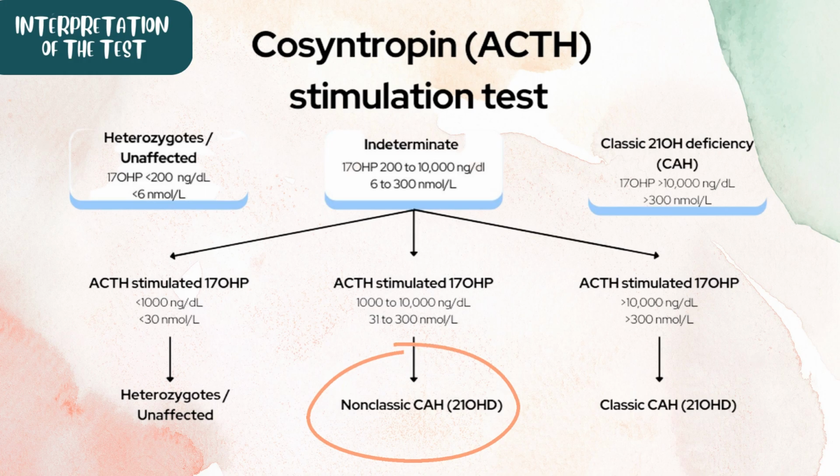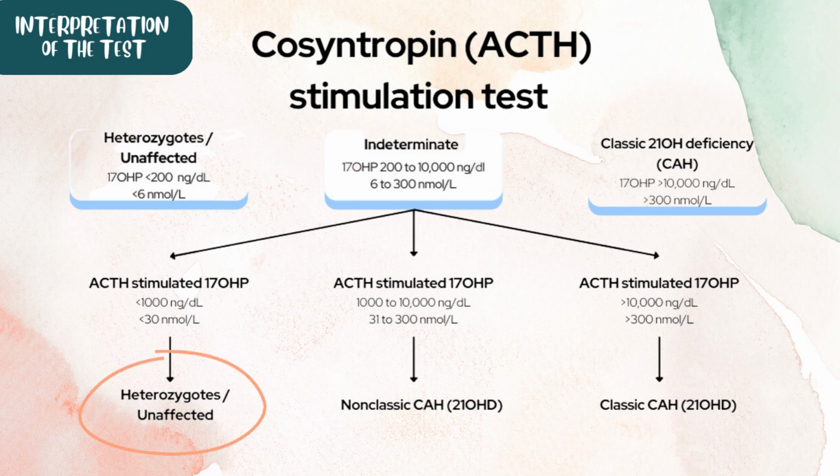If the stimulated 17-hydroxyprogesterone at 60 minutes is less than 1,000 nanograms per deciliter, then the patient is either unaffected or is a heterozygote. If the stimulated 17-hydroxyprogesterone at 60 minutes is greater than 10,000 nanograms per deciliter, then the patient has classic 21-hydroxylase deficiency.